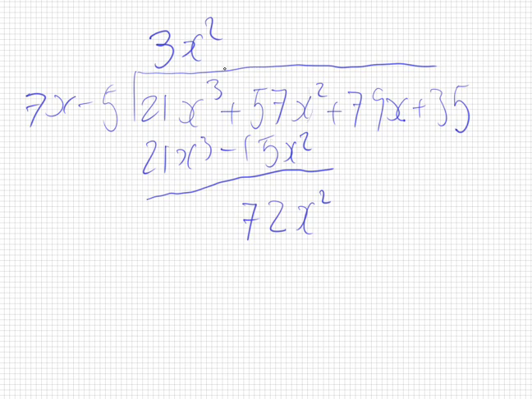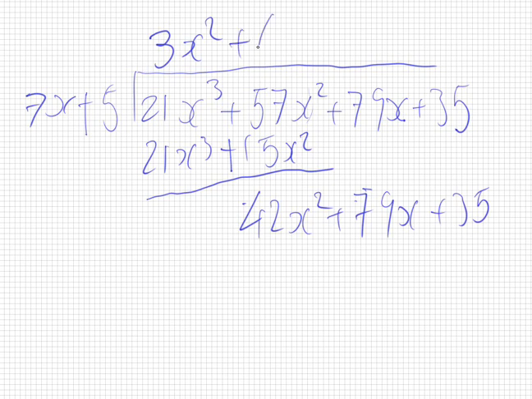Oh, sorry, and plus 79x. Plus 35. Why is it 7x minus 5? Sorry, what did I do wrong? It was plus 5. Is this a plus? Alright, so when I asked you if this was right, this should be plus. So that just changes this here, okay. 57 minus 15, 42x squared plus 79x plus 35.